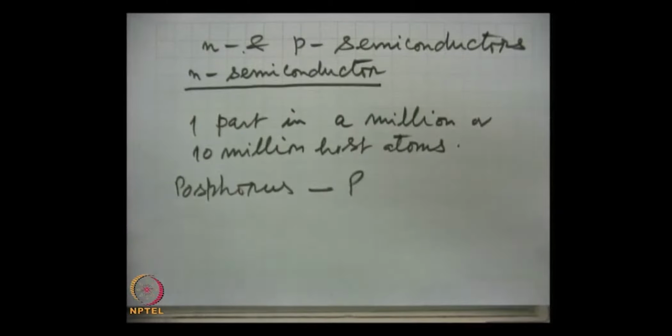Phosphorus has valency 5, and silicon or germanium have valency 4. Now, doping is in such a small magnitude that it does not change the basic structure of the host material.